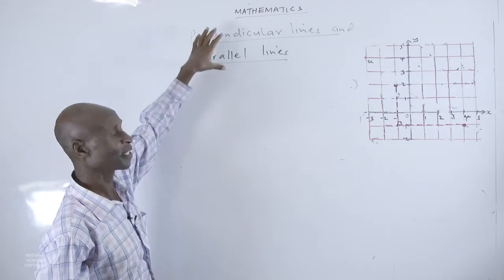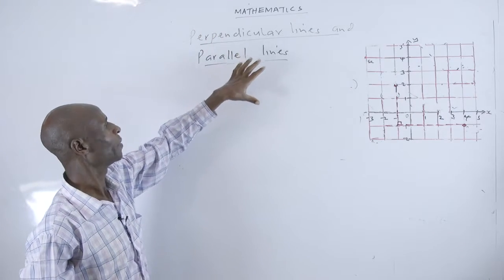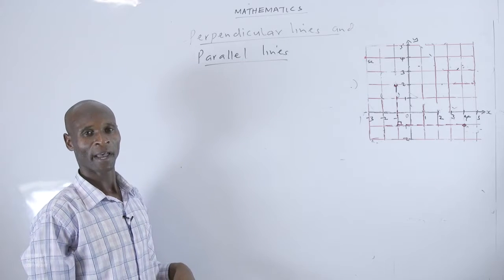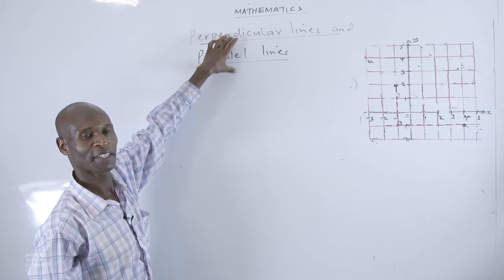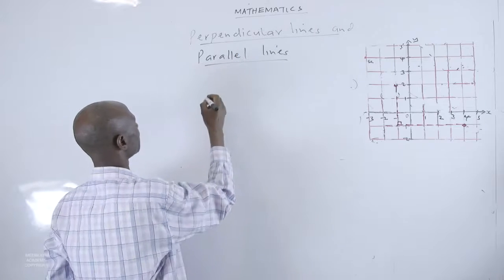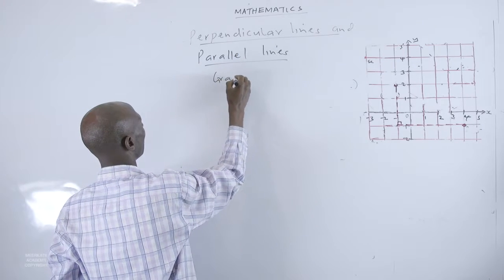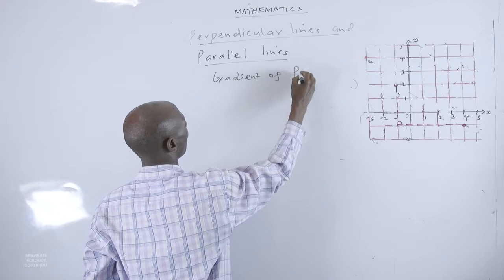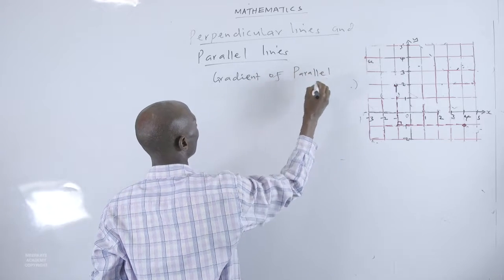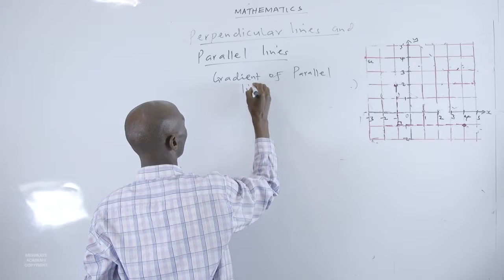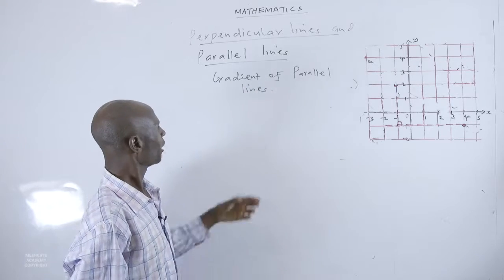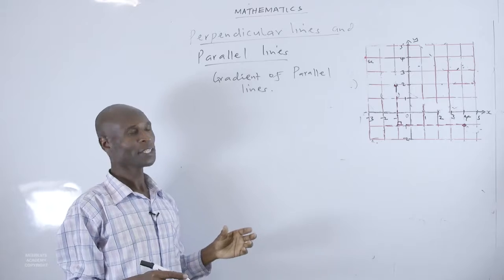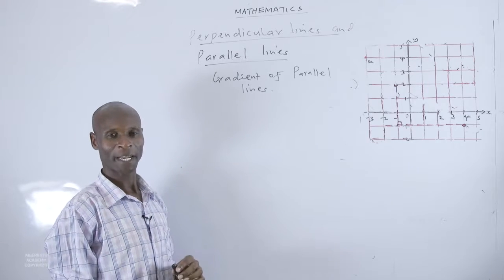So we are now going to extend the knowledge of gradient to perpendicular lines and parallel lines. And in case 1, we shall start by discussing parallel lines. To understand the gradient of parallel lines, what is the relationship between the gradient of parallel lines?